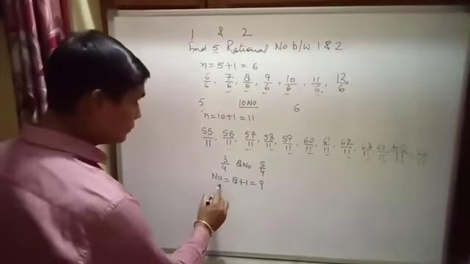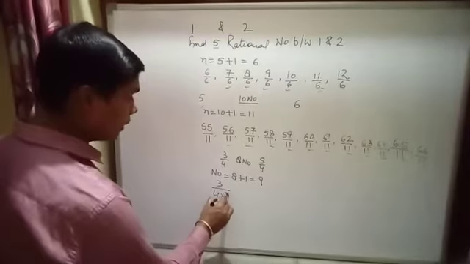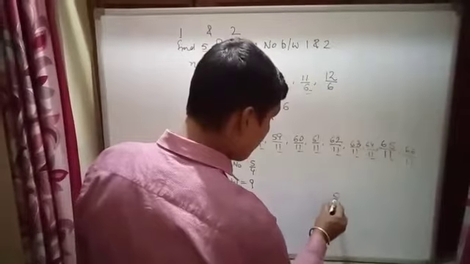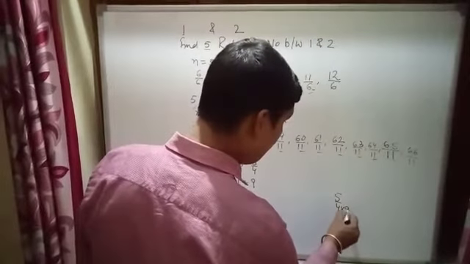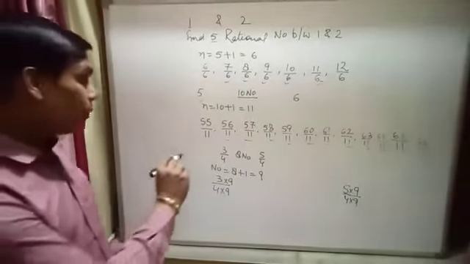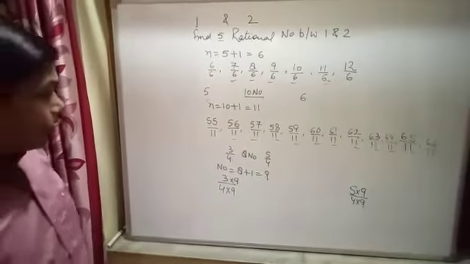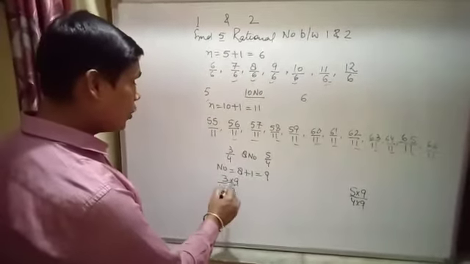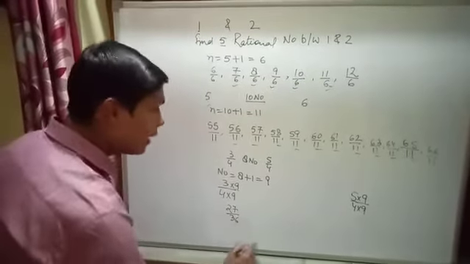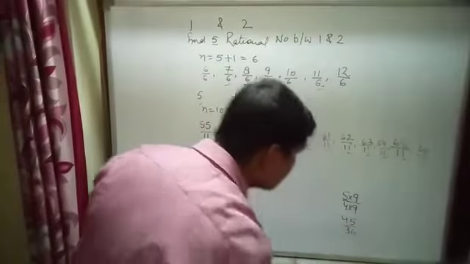So 3 by 4 is multiplied by 9, and 5 by 4 is also multiplied by 9, because the number of numbers you have to find plus 1 must be in the denominator. So this is equal to 27 by 36, and this is equal to 45 by 36.